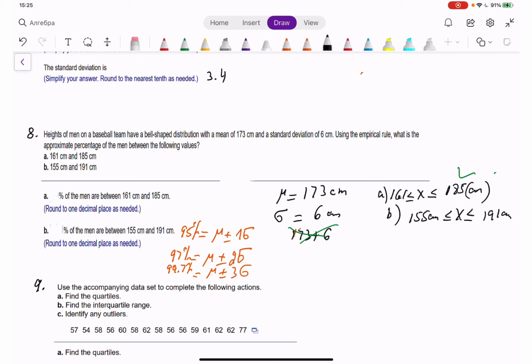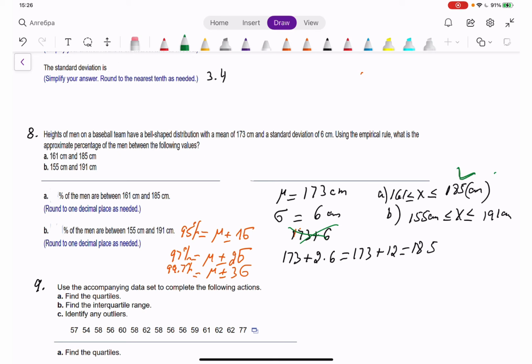Next, I'm starting with 2 standard deviations: 173 plus twice the standard deviation, which is 173 plus 12, right? And it's going to be 185. Bingo. 185. All right, so it's fitting this.